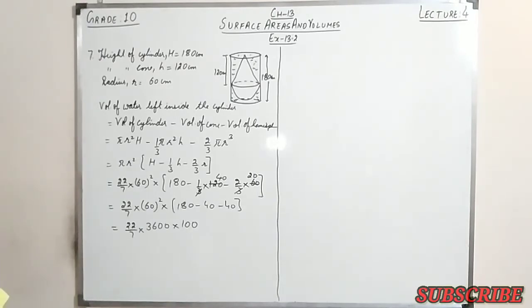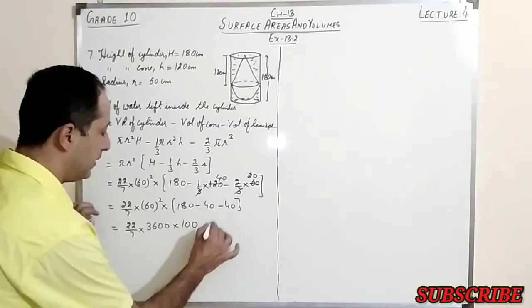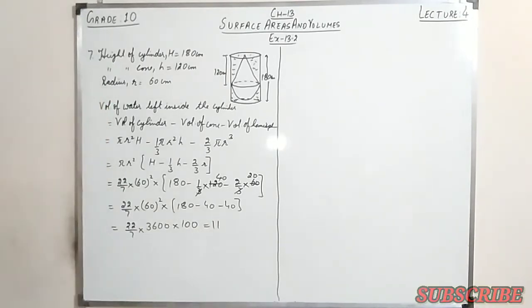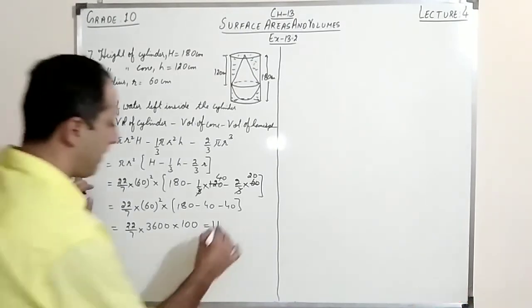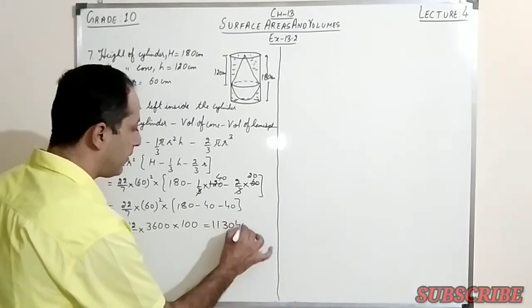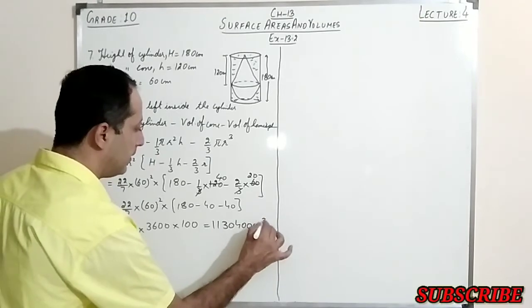And what we can do, we have to simplify this and then write the answer. So this comes out to be, if we take the value of pi as same, around 1130400 centimeter cube.